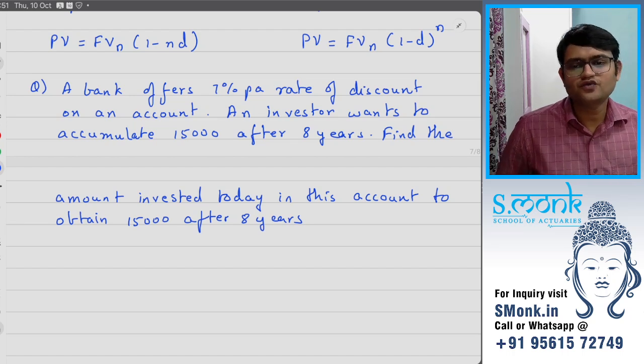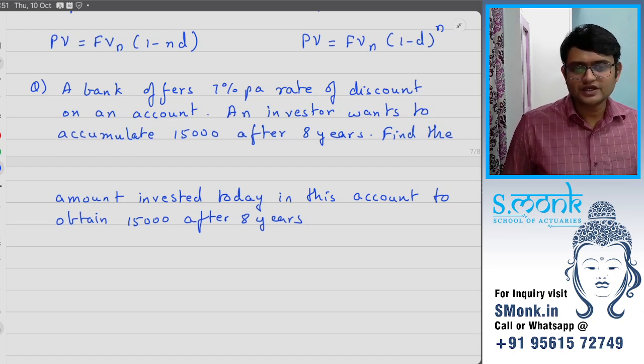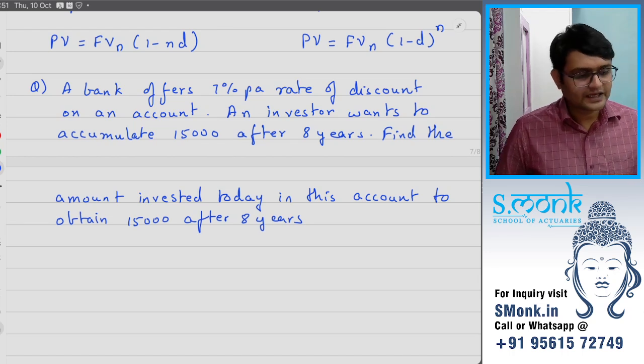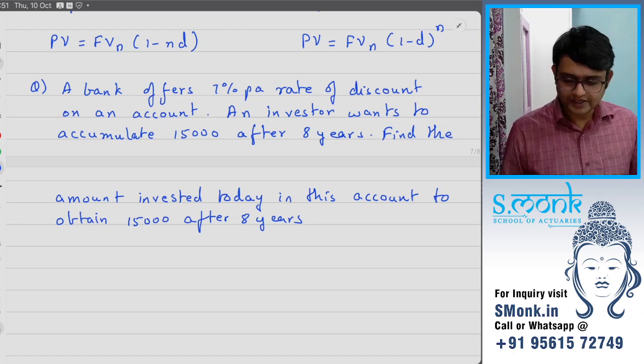An investor wants to accumulate 15,000 after 8 years. Find the amount invested today in this account to obtain 15,000 after 8 years. Okay, that is what we are trying to find.